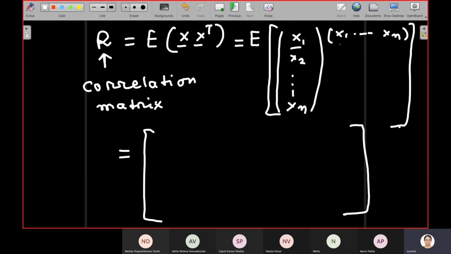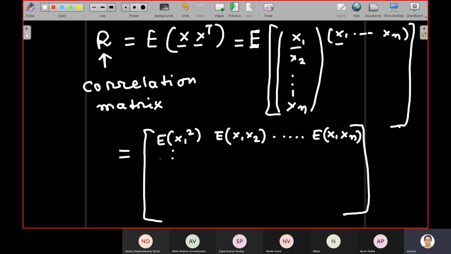So we have x1 square, and then we need to use this expectation operator on each of the matrix elements. If we do that, we have this one, E of x1 square, then we have expectation of x1 x2, expectation of x1 xn, and then in this direction we have again x1 x2.